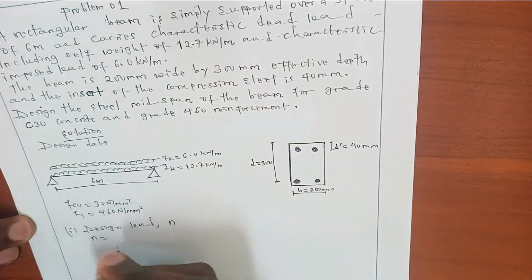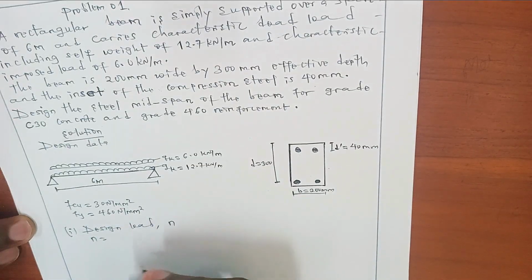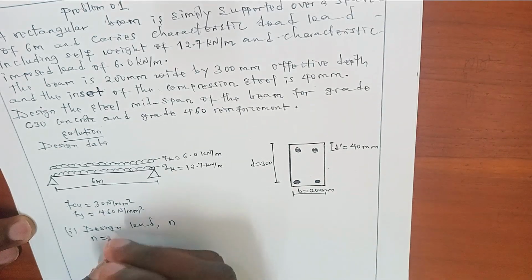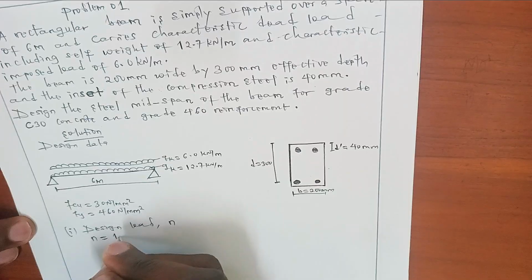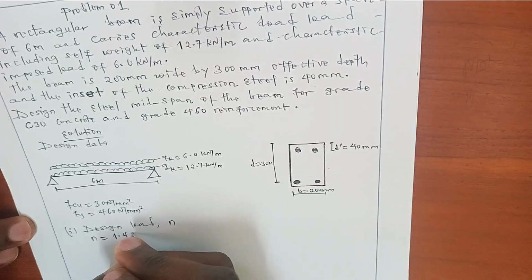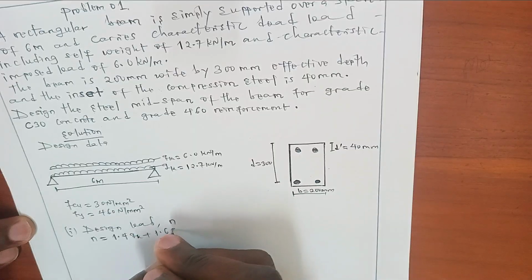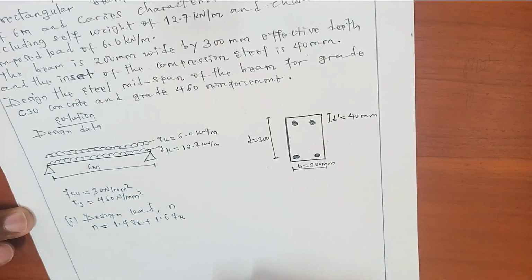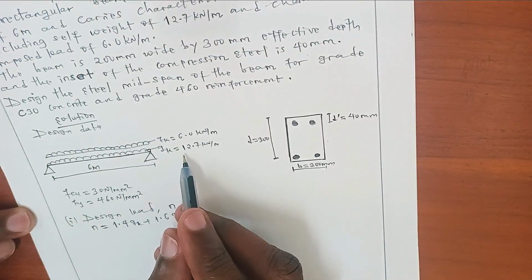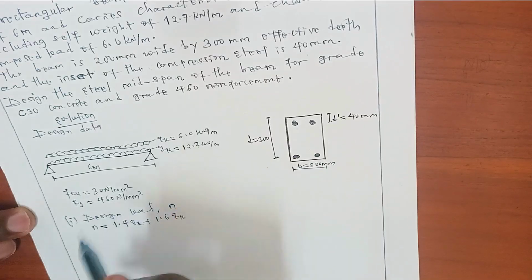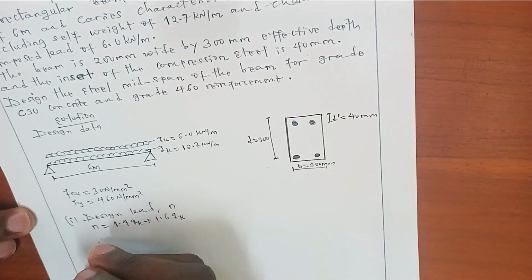Design load, as per BS 8110 part 1, 1997, is given by this formula: 1.4 times dead load plus 1.6 times imposed load. We substitute into our equation.